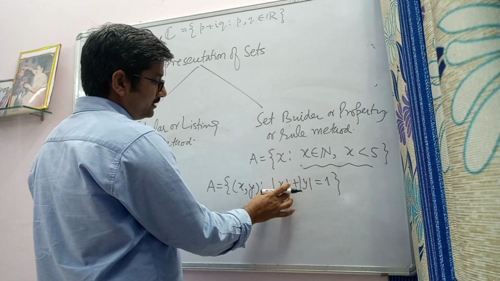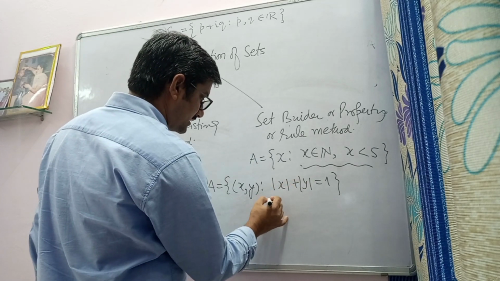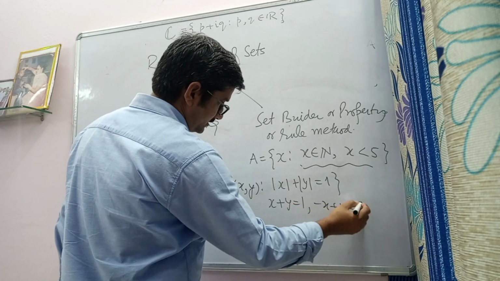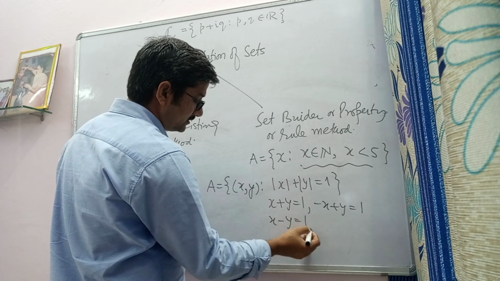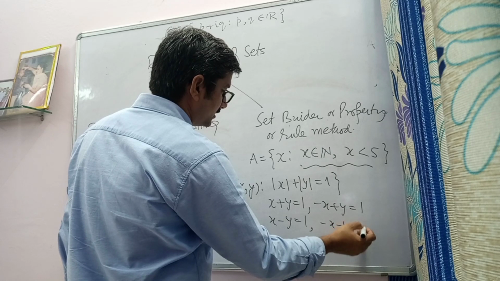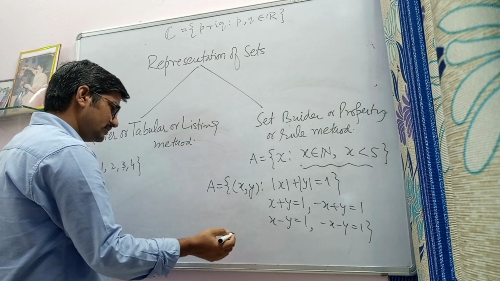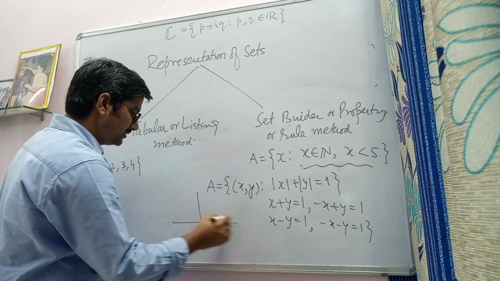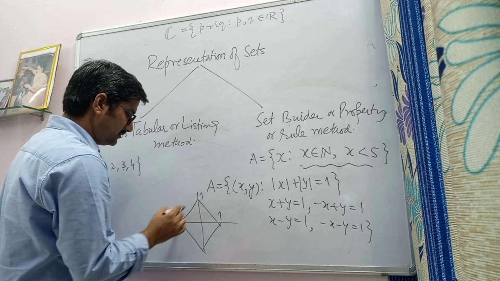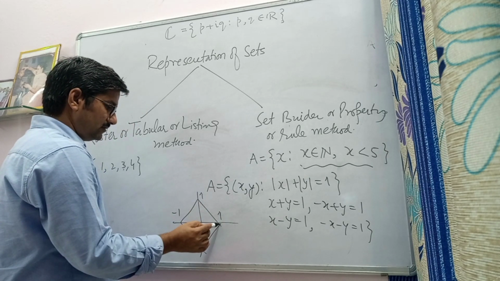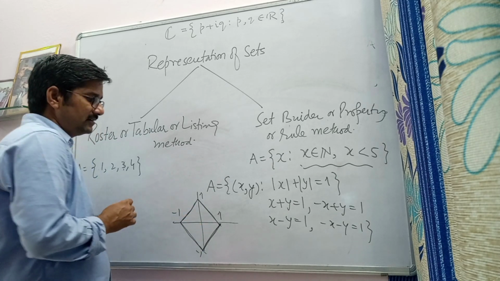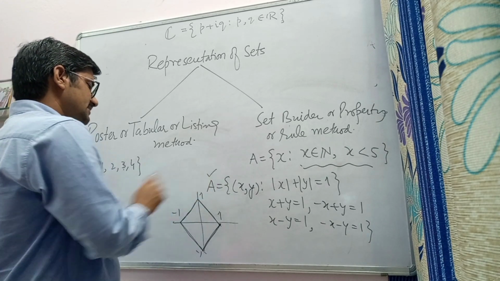If you remove this modulus, it is the collection of all those lines: x plus y equal to 1, minus x plus y equal to 1, x minus y equal to 1, and minus x minus y equal to 1. So geometrically, these four lines, with intercepts 1, 1, minus 1, minus 1, all the points on the boundary of this square will represent the set A.